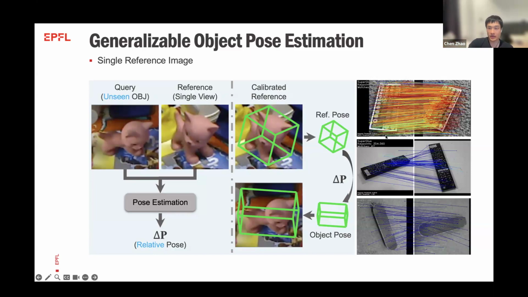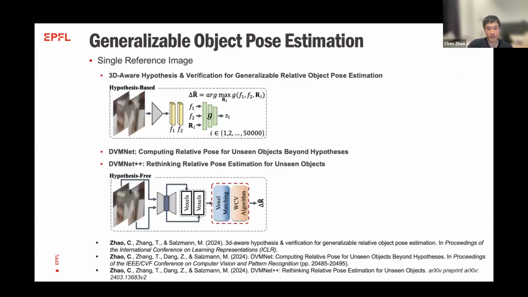You can see here, if the viewpoint change between these 2 images is relatively small, we can get pretty good correspondences, meaning that we can get pretty accurate relative object pose. But if the viewpoint change between these 2 images is quite large, like these 2 image pairs, we cannot really get reliable correspondences. It means we cannot really run the image matching algorithms in this scenario.